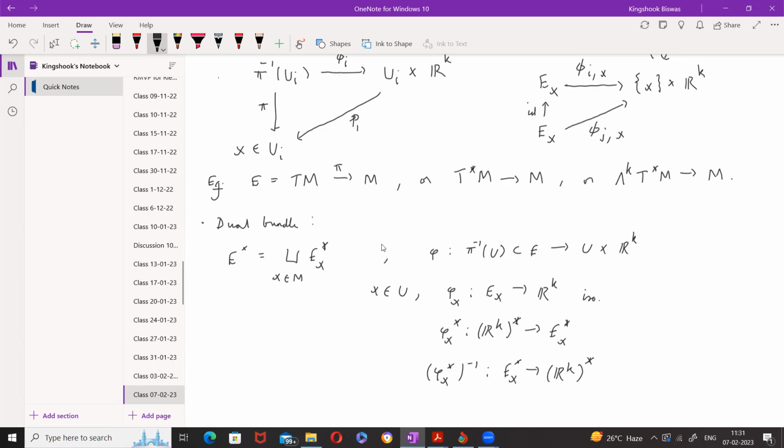Okay, so if I do this for each point X in U, then I'll get my chart phi tilde from pi inverse U inside E star to U cross RK star.